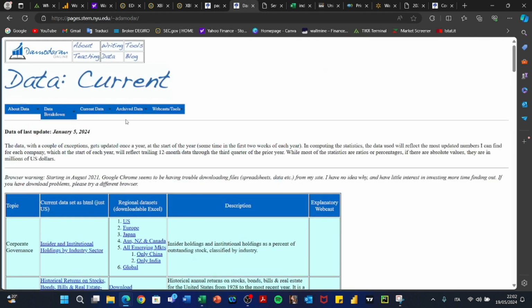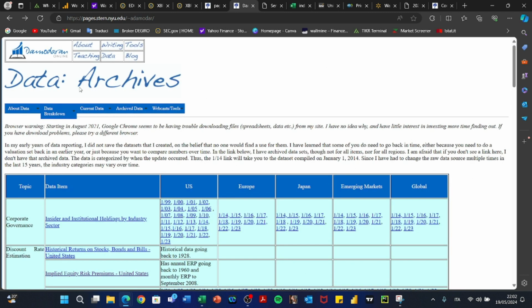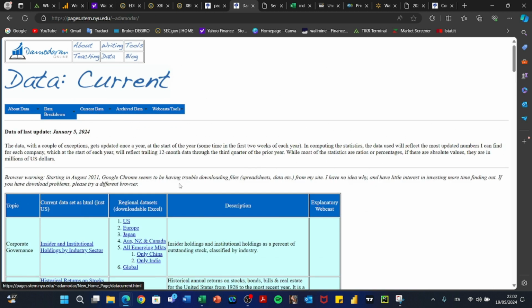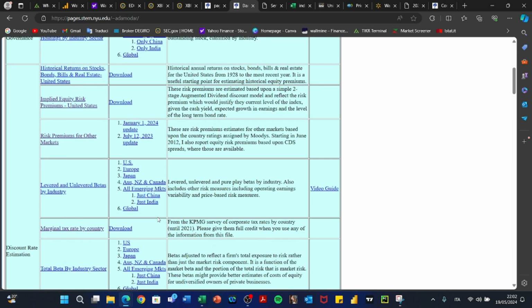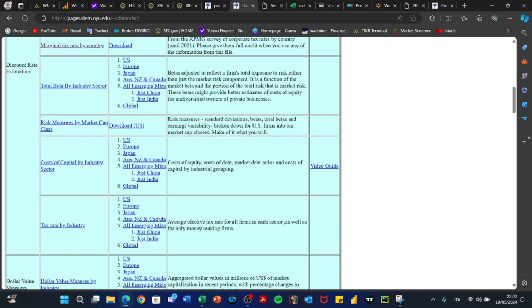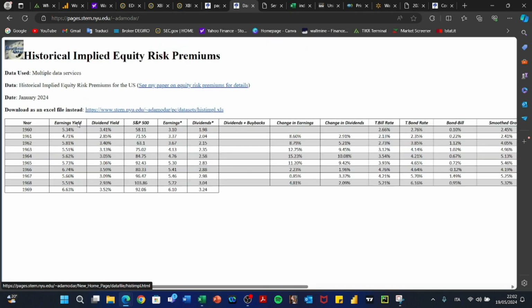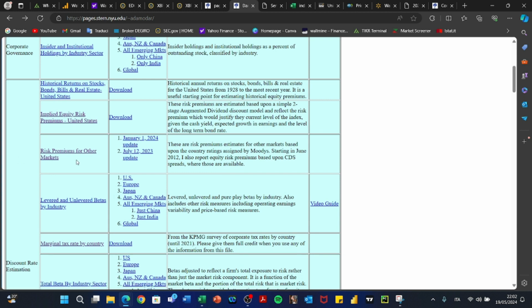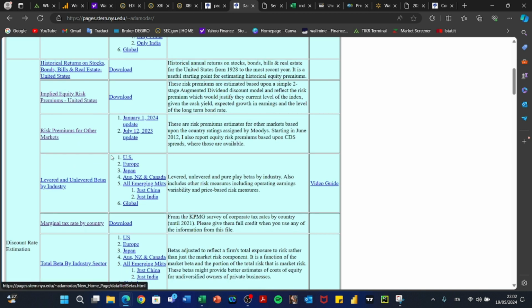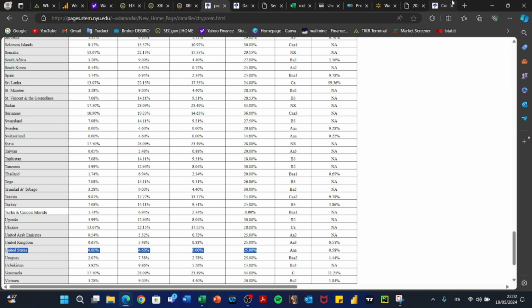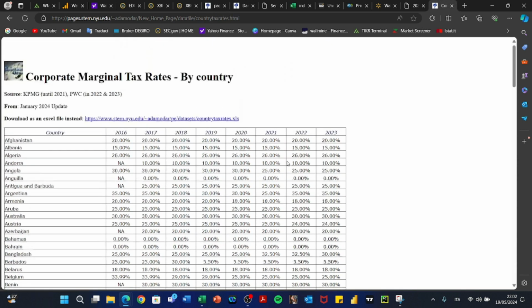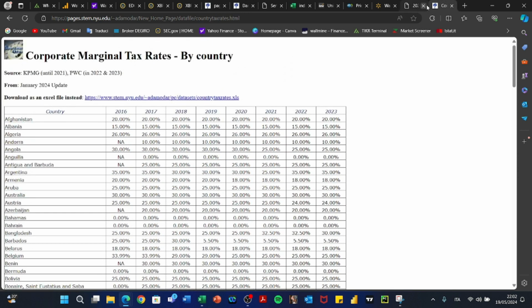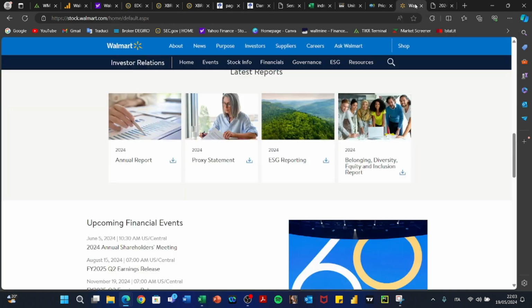means that you should go on the Damodaran website, then data, current data. You have to go on implied equity risk premium. Okay, so the tax rate, don't need this anymore.